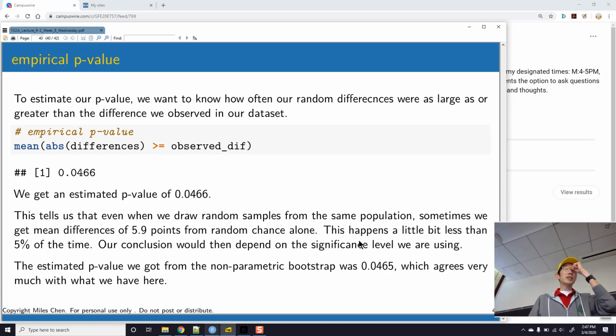So the key assumption you're making in non-parametric bootstrap is that the sample you have is representative of the population, which may or may not be a good assumption. And that's the problem, is you went out and you gathered data and you have no idea, right? Maybe if you understand the field very well, you can say, all right, these numbers seem reasonable, right?